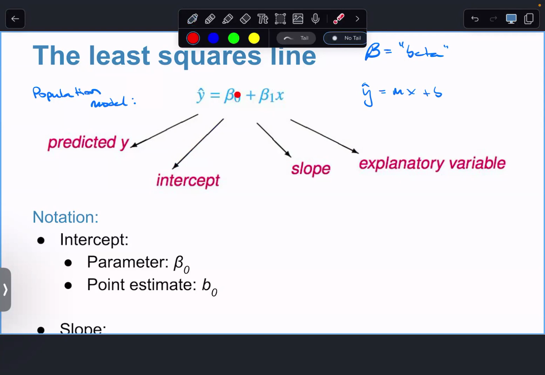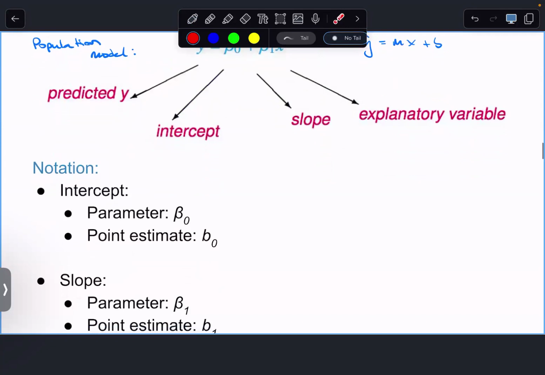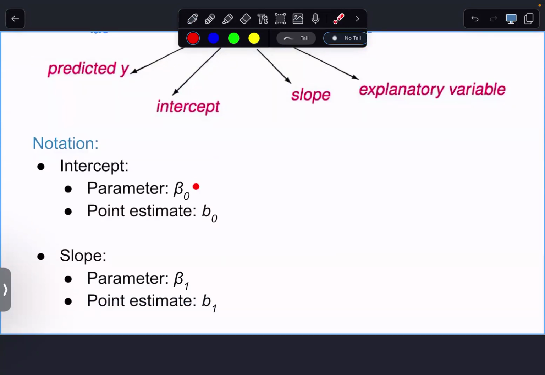Little switcheroo in the order, but whatever's attached to the x is the slope. Change in the variable names, but generally the same type of layout. So what we're going to have is the population intercept, beta naught, and we're going to have some point estimate. That's the thing that we're going to be working with, and we're going to call it b naught.